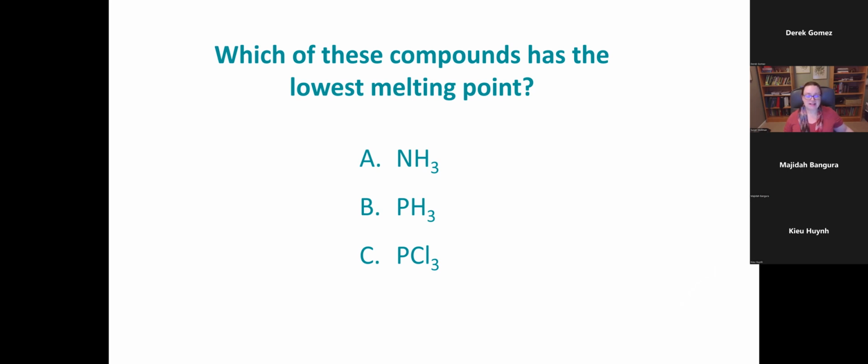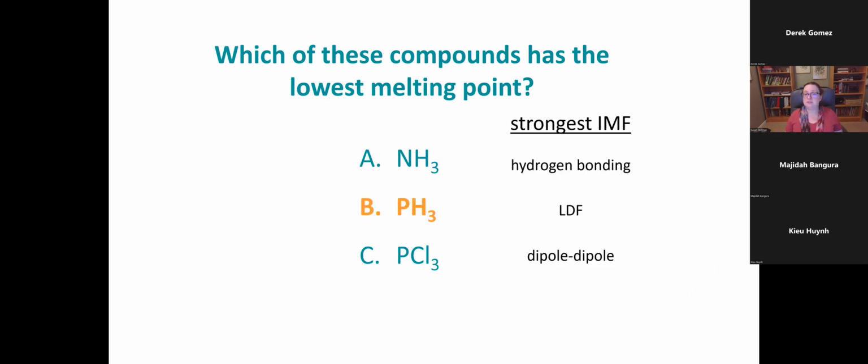Good. So it is B. Remember, we talked about all the forces in these ones. PH3 has the lowest of the kinds of intermolecular forces here, and we were looking for a low melting point, so we want the one with the lowest intermolecular forces.